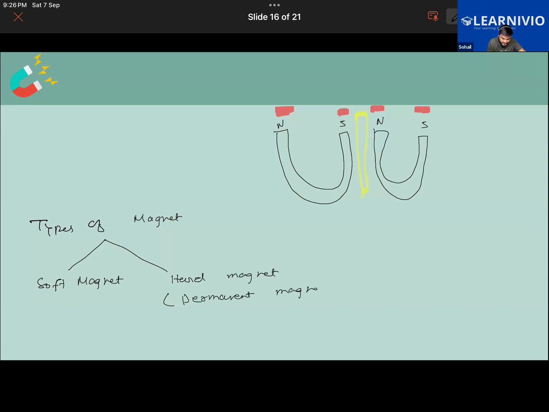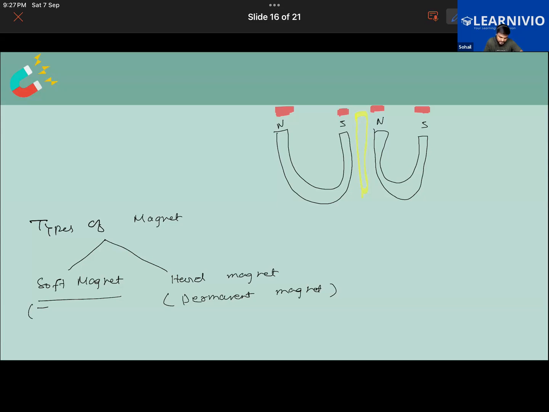The soft magnet can be called a temporary magnet, in the sense that it can easily lose its magnetic property if you were to heat it, or if you were to drop it from some height.